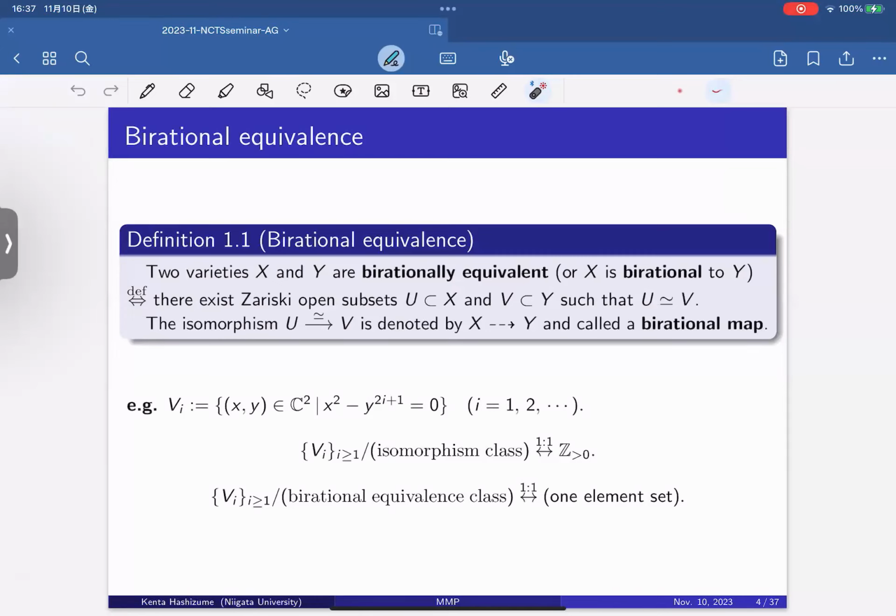Okay, in the previous example, the set of V_i modulo isomorphism class has a one-to-one correspondence to the set of natural numbers. On the other hand, the set of V_i modulo birational equivalence class has a one-to-one correspondence to one element.